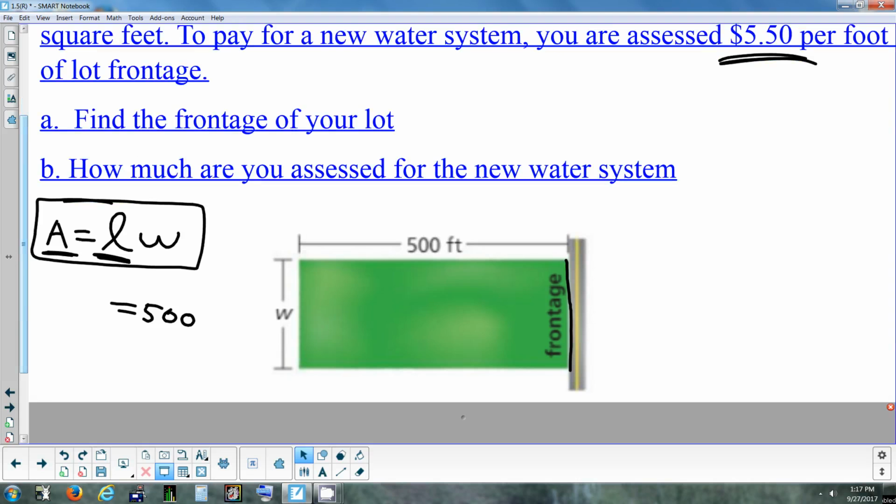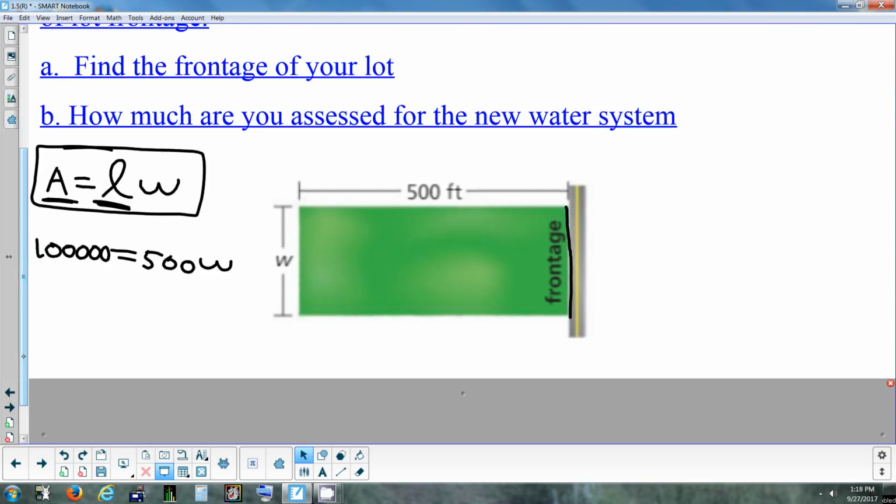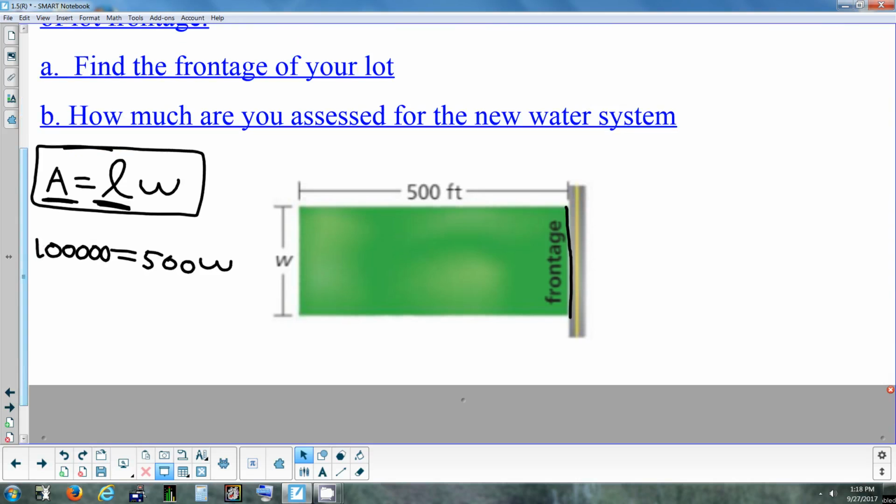We filled in length there. What don't we know that we have to figure out? W, the width. So how do you solve that equation for W? Divide by 500 on both sides.